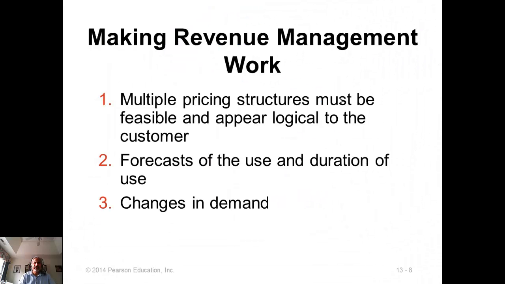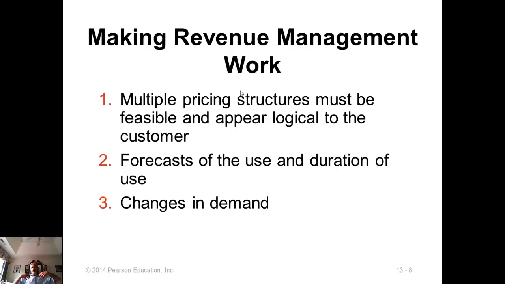So these are the caveats. For revenue management to work, you have to have multiple price structures, and you must be able to estimate what the demand will be. The forecast should be accurate, and the changes in the demand and the price break should be logical, because customers may feel that they are being fleeced, if one person is paying $200 and the other person is paying $100, and they feel that it is unfair.